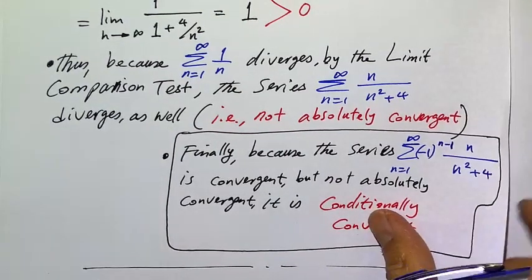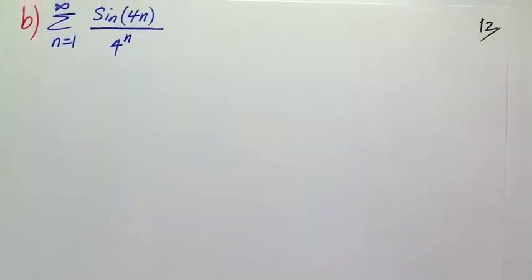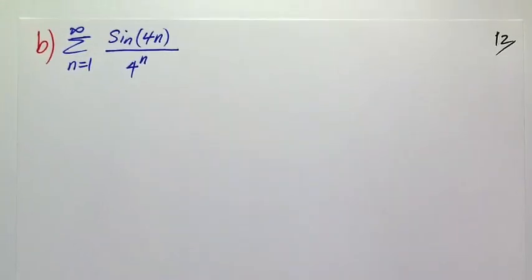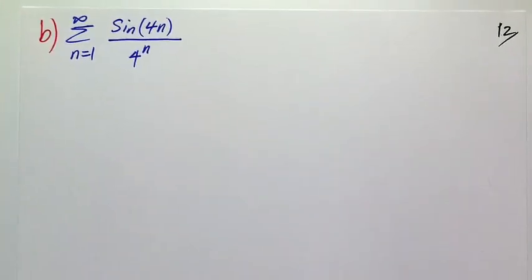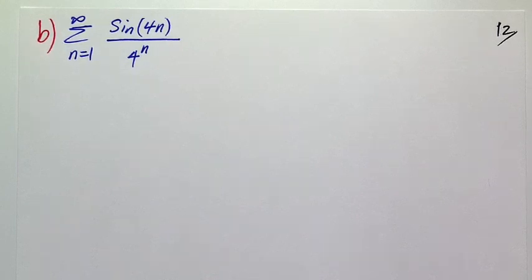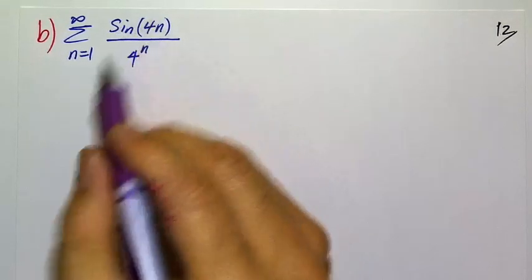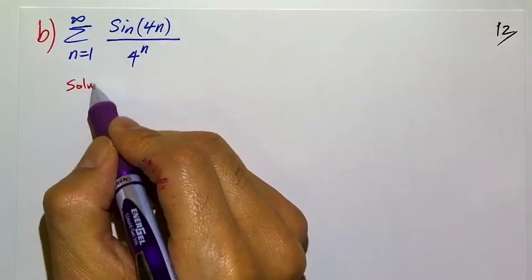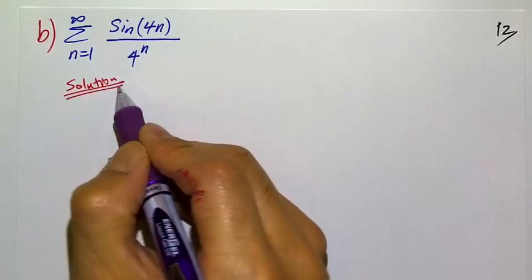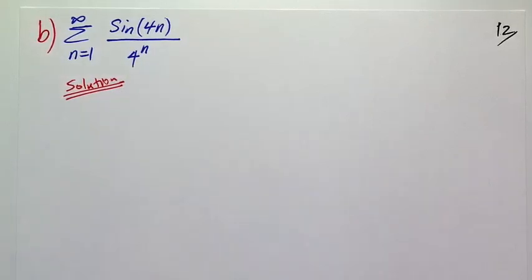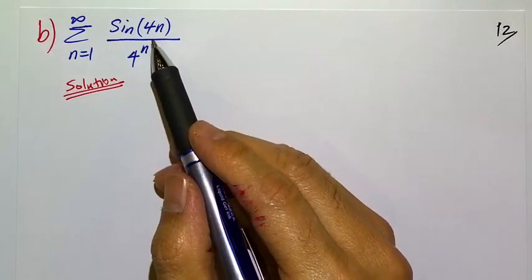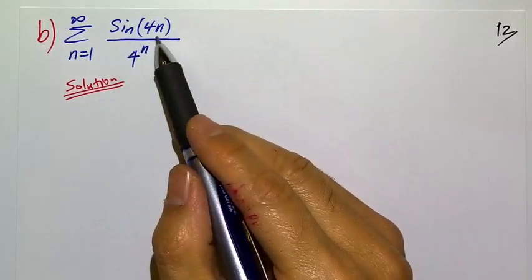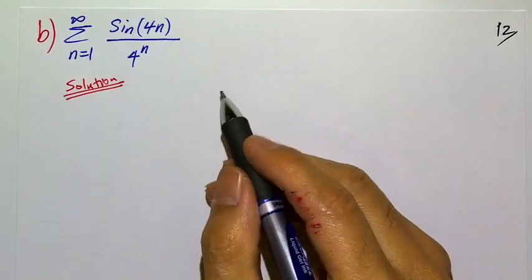Let us look at another example. So here, we know that the numerator varies between -1 and 1, right? Sine function varies between -1 and 1.